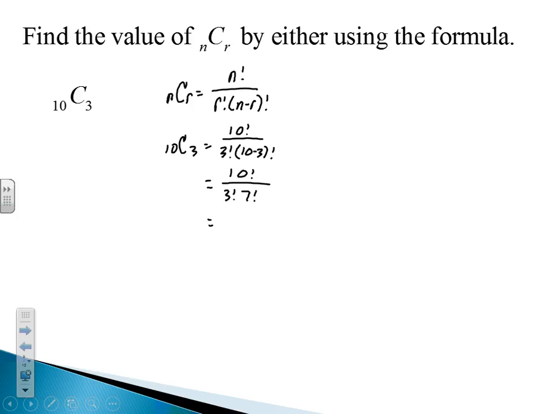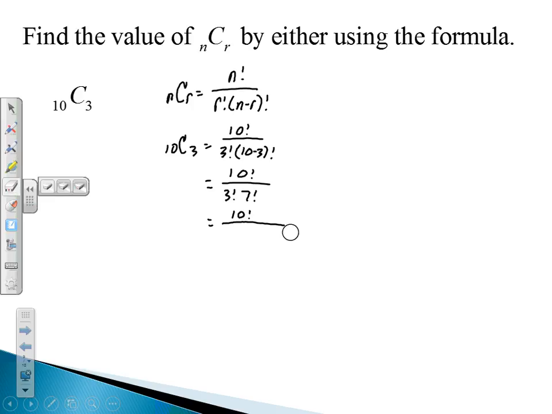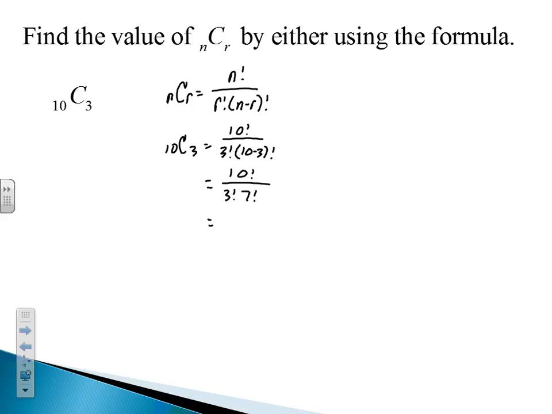Expanding it out, some students may wonder why I make that fraction bar so long. So what simplifies? I need to start expanding the numerator, that's why I need to make that so long. Expanding out the numerator, the factorial gives me 10 times 9 times 8 times 7 factorial.